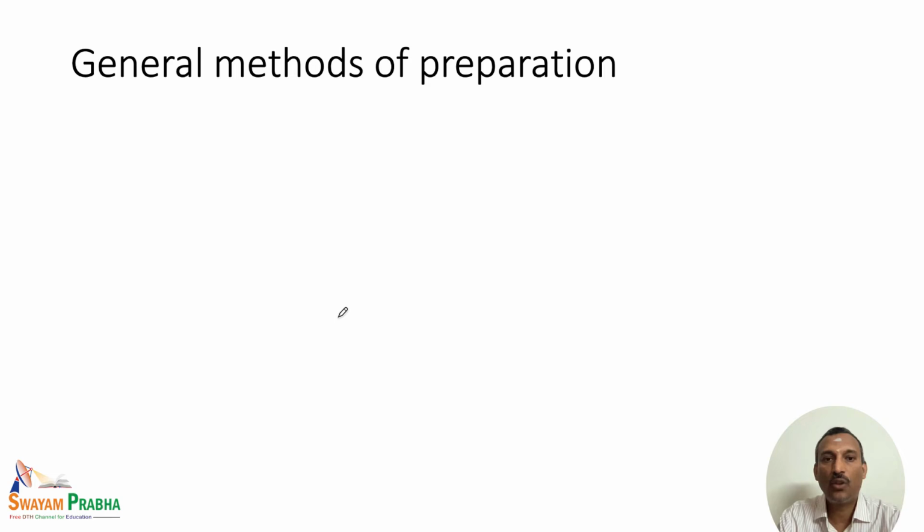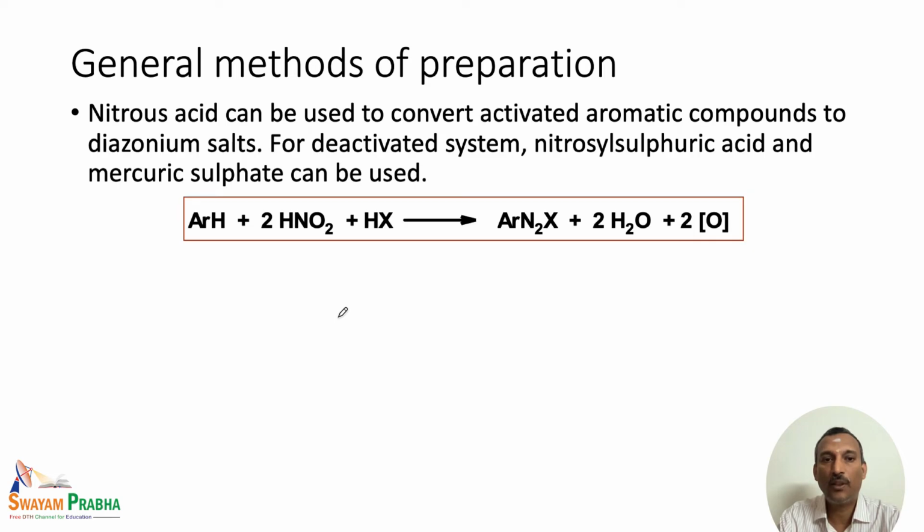So let us look at the various methods of preparation. The first one is that nitrous acid can be used to convert the aromatic compound, especially the simple aromatic compound with hydrogen and no other substituent, in the presence of HX to give the aromatic diazonium salts.